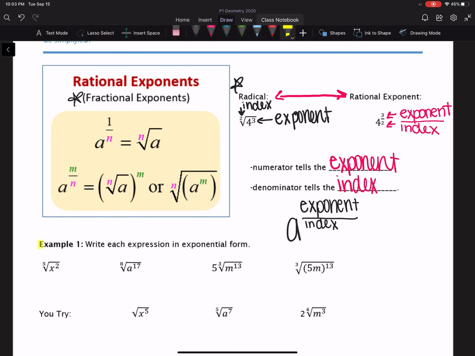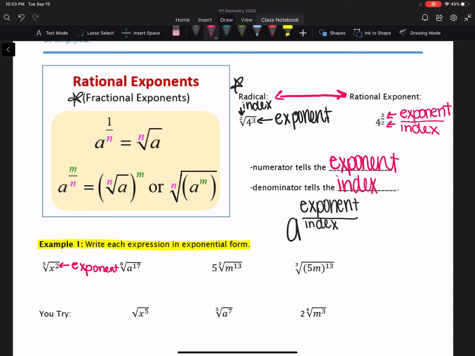So my first examples are asking to write each expression in exponential form. In my first example here, I have x squared, and I'm taking the 5th root of it.